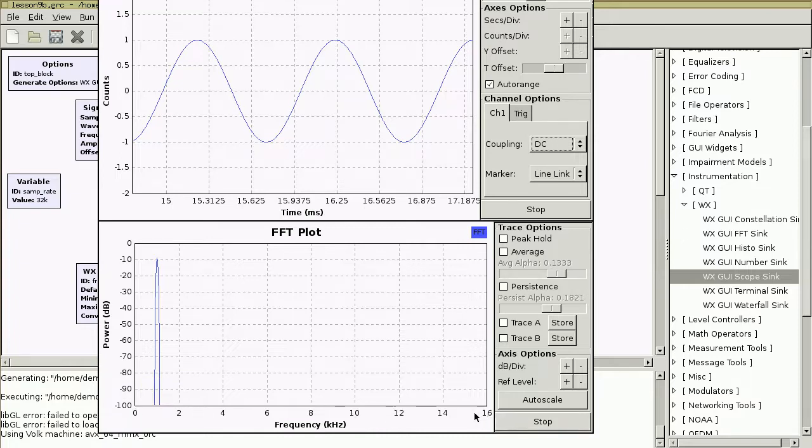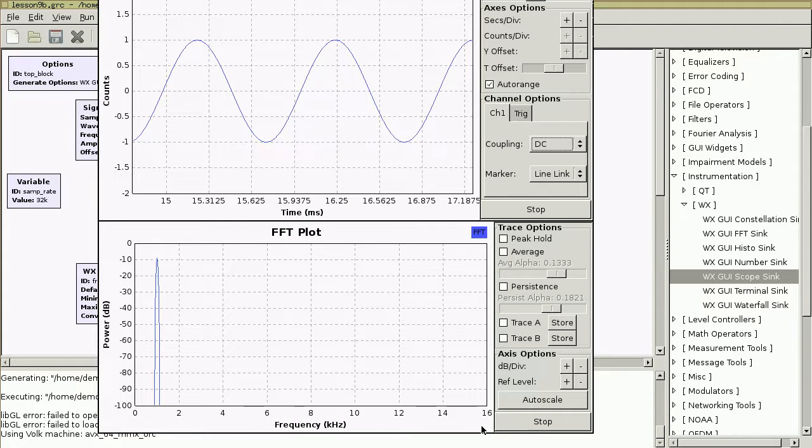It isn't showing us negative frequencies. And this kind of makes sense because we originally expected that negative frequencies should be identical to positive frequencies. There should be no such thing as negative frequencies for a true cosine wave, or if there is a negative frequency, it's no different than the positive frequency. So all we really care about is the positive frequencies, and that's what the FFT plot gives us.